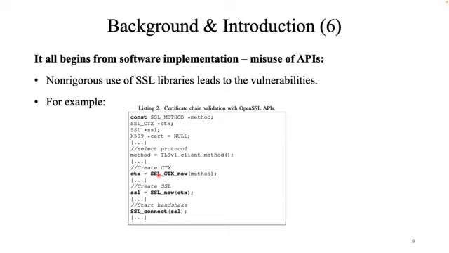Developers often neglect rigorous validation steps, making applications susceptible to attacks. Like this C code, there isn't any certificate validation function call in this code, so it will make this SSL connection vulnerable.